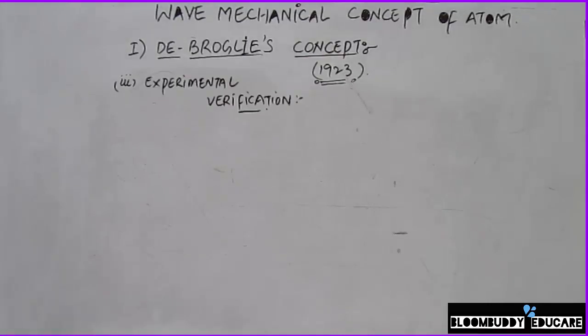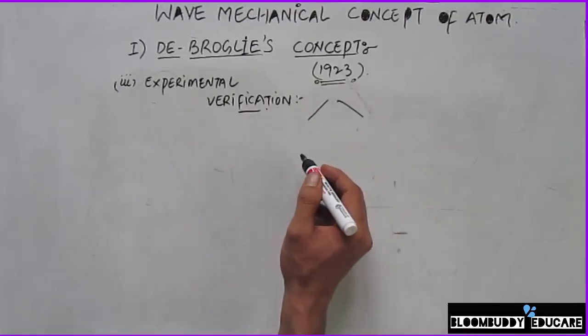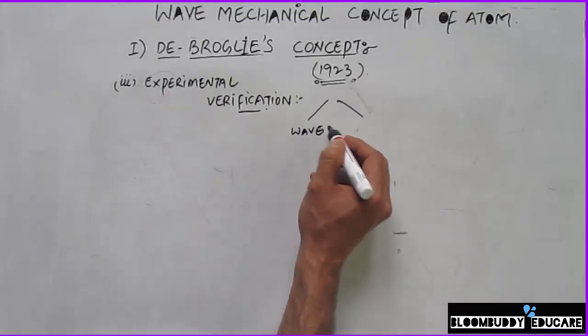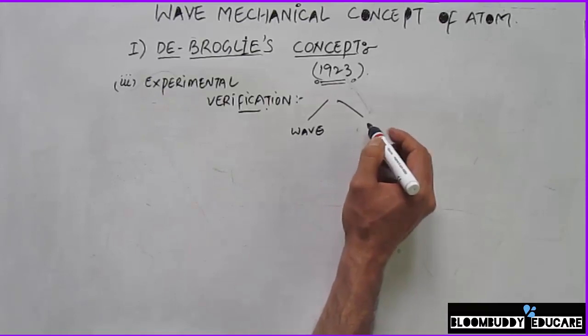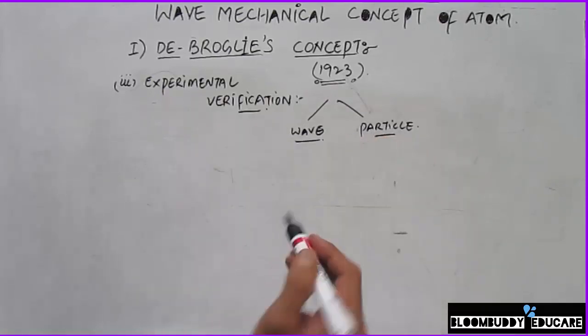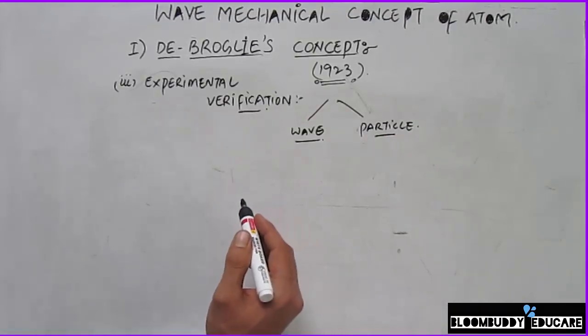In the third part, the experimental verification of the de Broglie wave equation, we will divide this section into two parts: experimentally proving that matter has wave nature, and then experimentally showing that matter has particle nature also. But before doing that, we should know how de Broglie's equation can be experimentally verified.